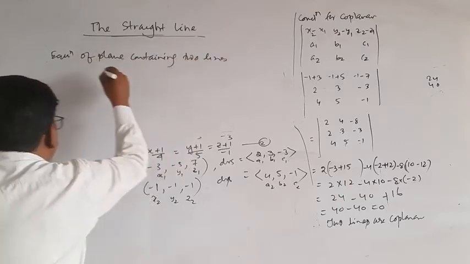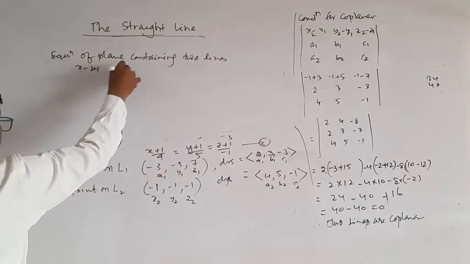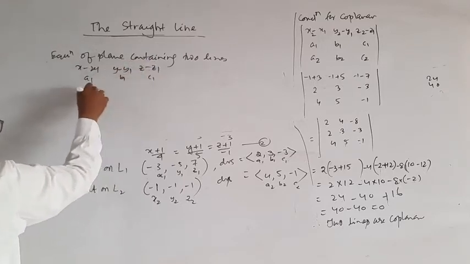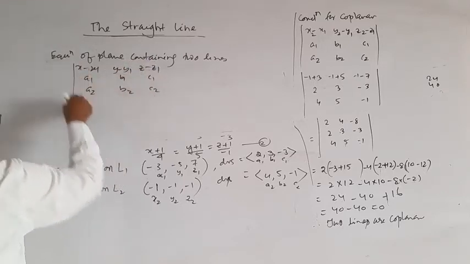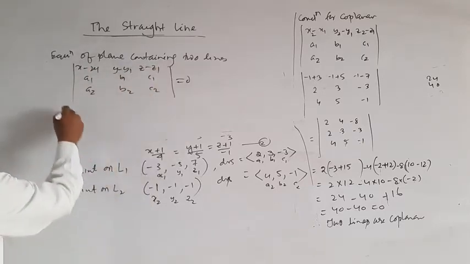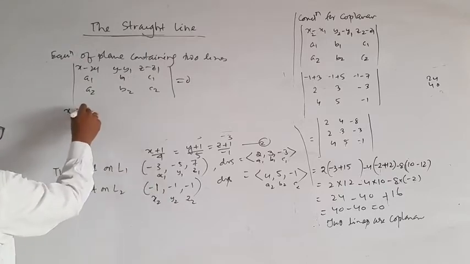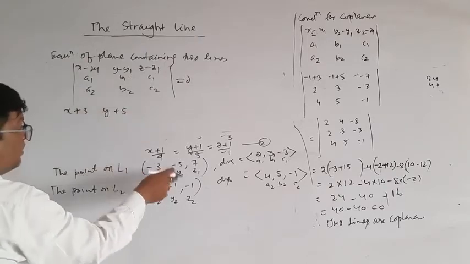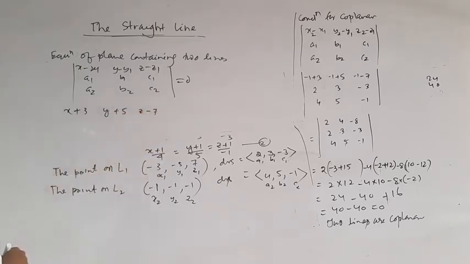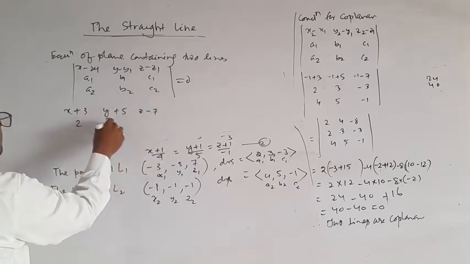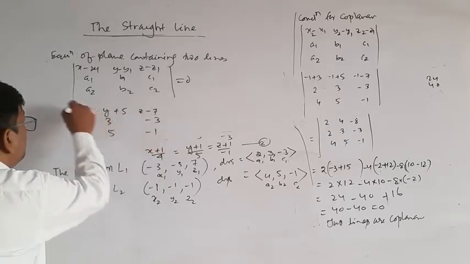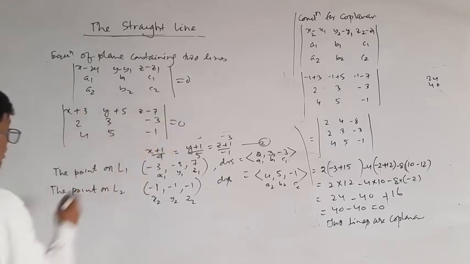That is x minus x1, y minus y1, z minus z1, a1, b1, c1, a2, b2, c2 is equal to 0. So x minus x1 means x plus 3, y plus 5, and z minus 7, and this is 2, 3, minus 3, and this is 4, 5, minus 1 is equal to 0. Now evaluate this, expand this.